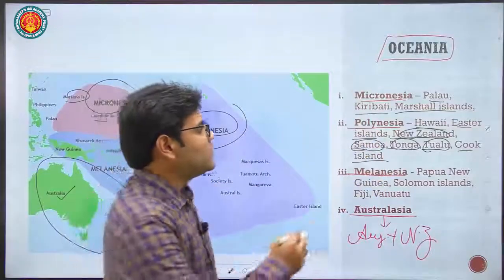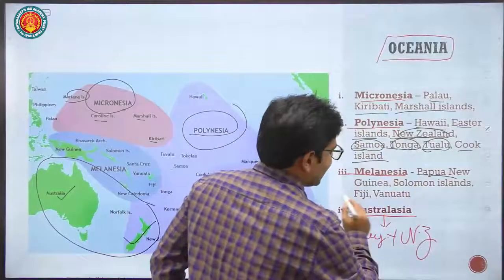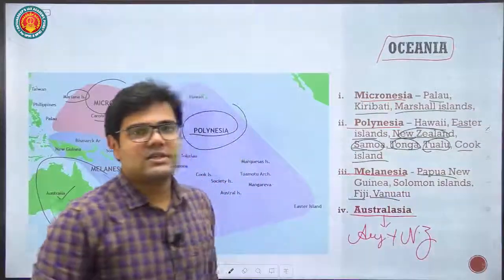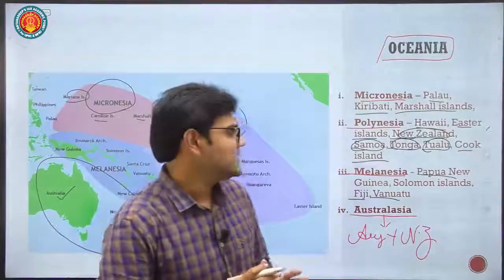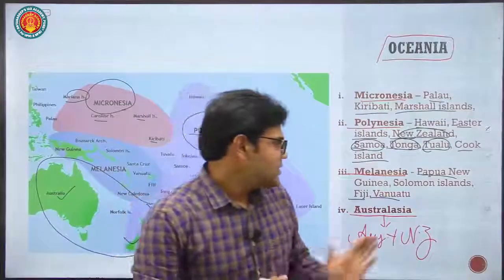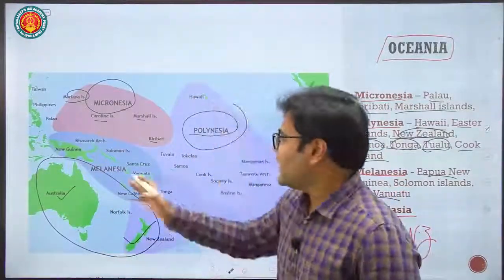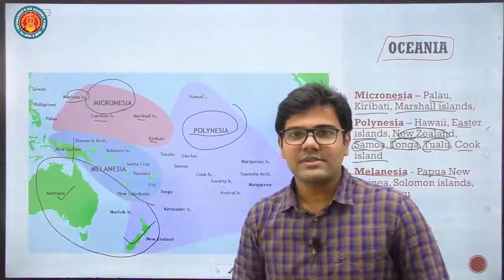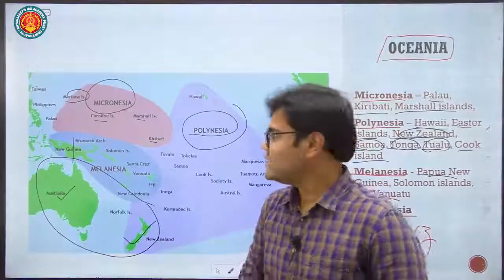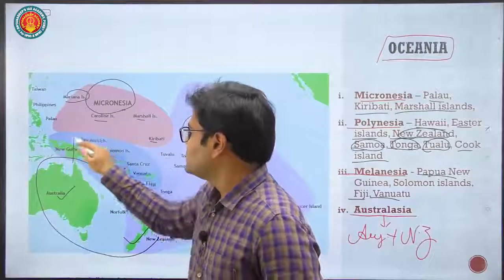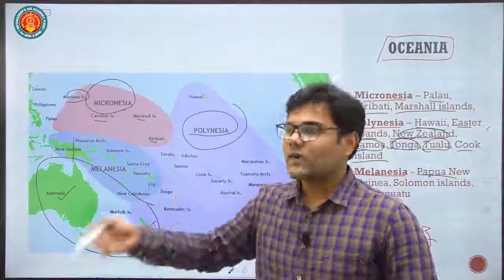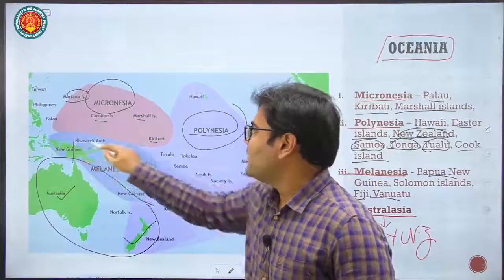They will give you some islands like Papua New Guinea, Fiji, Vanuatu, and ask you to match the regions and associated islands. What I can suggest is to remember the important countries. While studying Southeast Asia, we studied Indonesia in detail, and at that time we saw the island of New Guinea has been divided into two parts, and one country is Papua New Guinea.